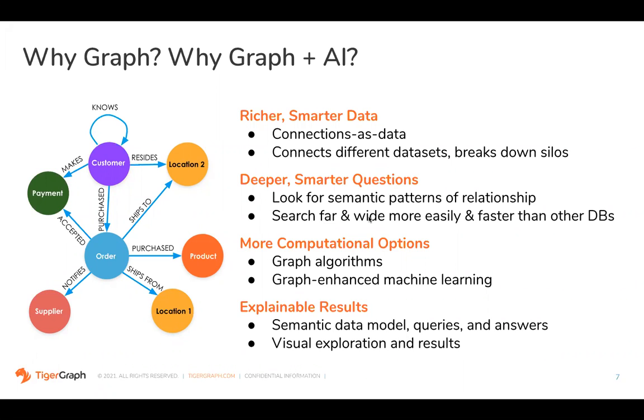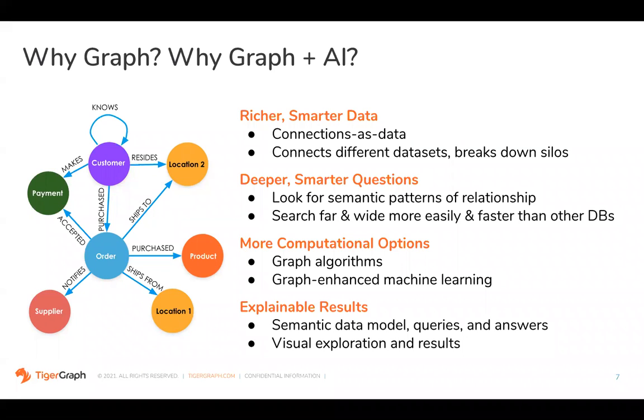And therefore, because of that efficiency, you can search farther and wider. So within a given amount of time, within a given amount of compute resources, you can accomplish more complex computations. You have the ability to execute graph algorithms, and then the graph-enhanced machine learning that we're going to talk about today.